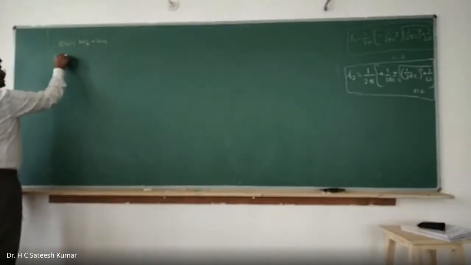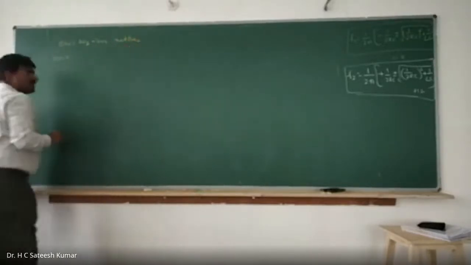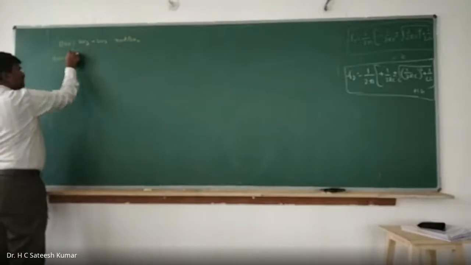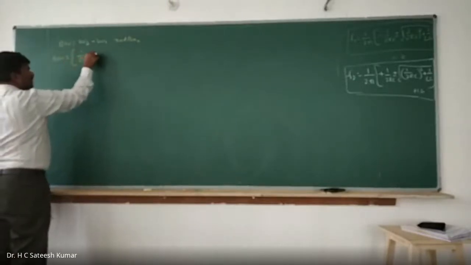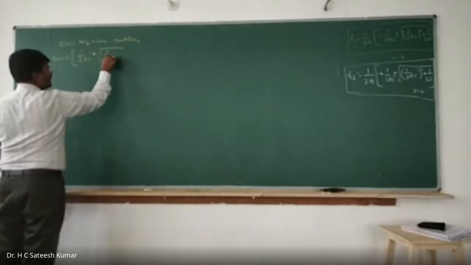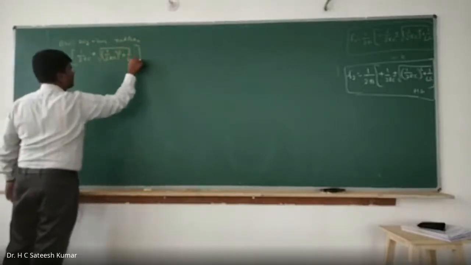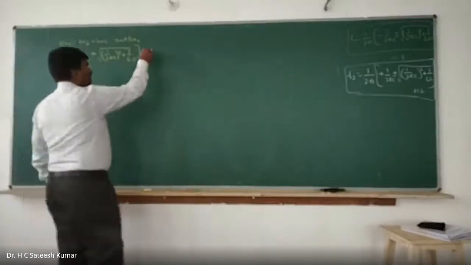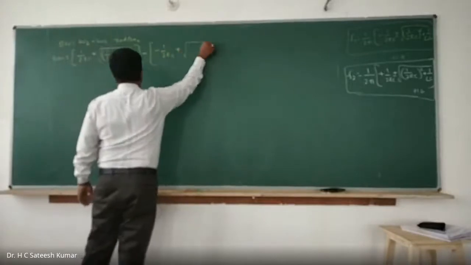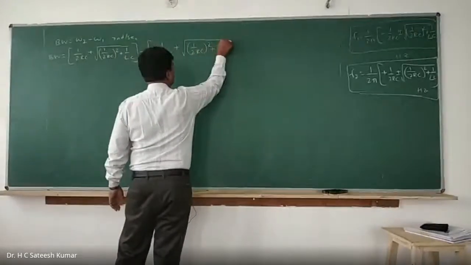Therefore, bandwidth, in terms of radians per second of course, is equal to omega 2, which is 1 by 2RC plus or minus, you take plus only, square root of 1 by 2RC whole square plus 1 by LC, minus lower cutoff frequency, minus 1 by 2RC plus square root of 1 by 2RC whole square plus 1 by LC.